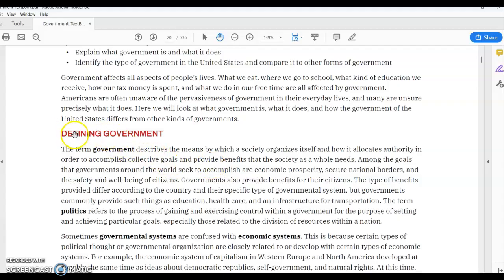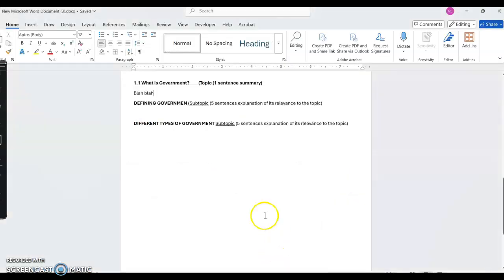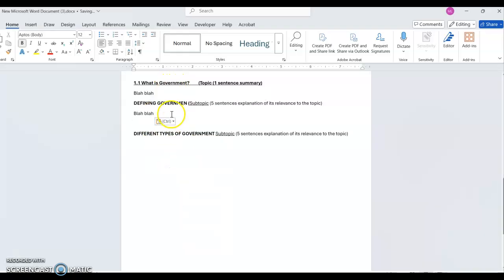So essentially, after you read the first subtopic, you're going to write 5 sentences explaining its relevance to the main topic. Essentially, how does this information tie into what is the government? And then you're going to write a 5-sentence summary about it. And then you're going to do that for every subtopic.